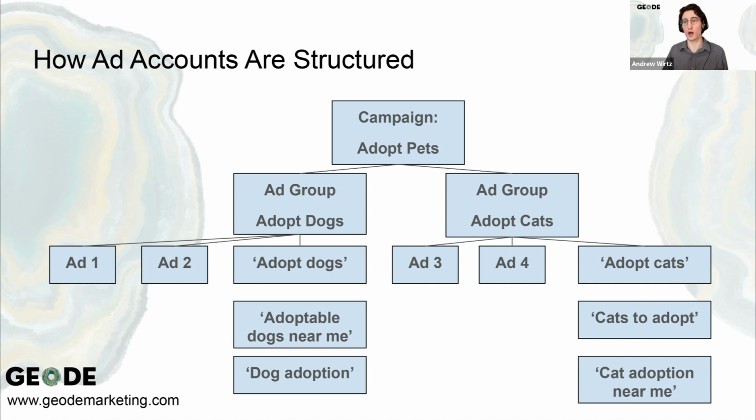And as I mentioned, these ads are structured within the ad group and linked to those keywords. So we have multiple ads in each ad group because we also want to test out the performance, try different variations to see what is more enticing, what draws more people in to click.